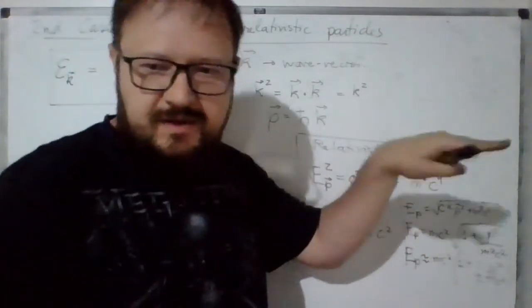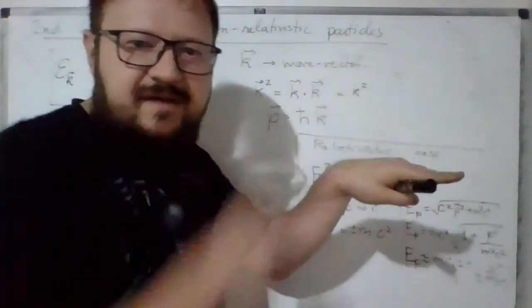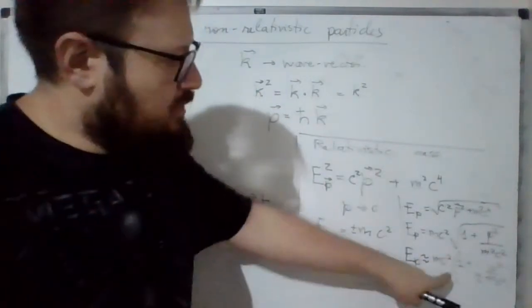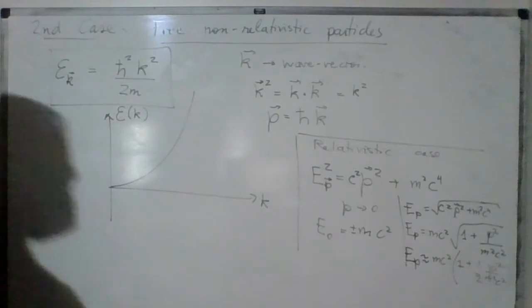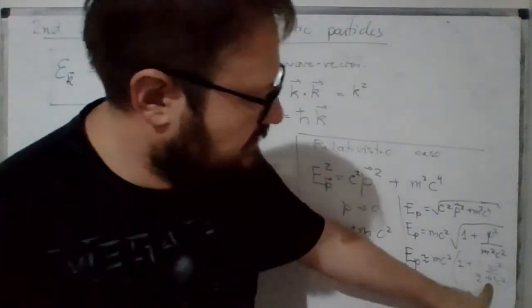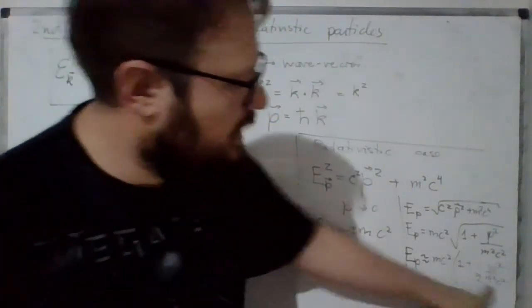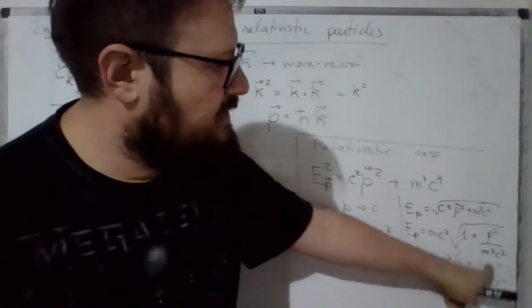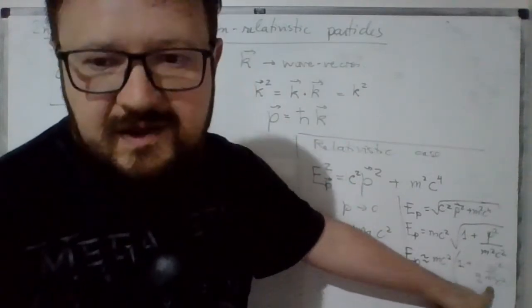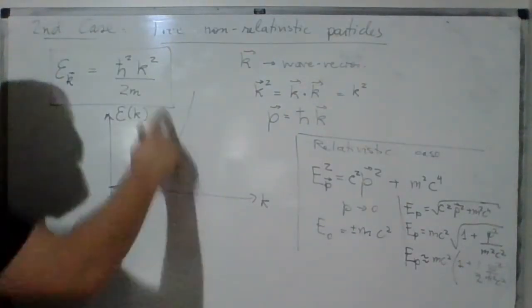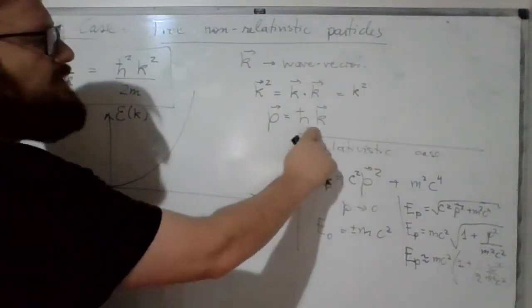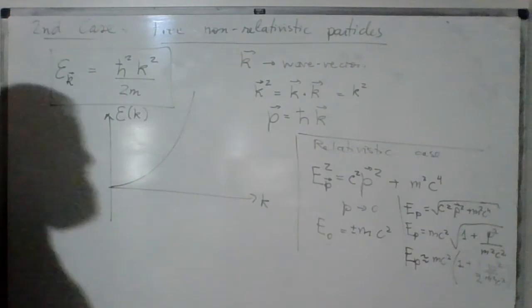You can measure energies from that level, and what you find is exactly this relation here. So the mass cancels one factor, c squared is eliminated, you have p squared divided by twice the mass, which is just this situation here with momentum replaced by the de Broglie relation.